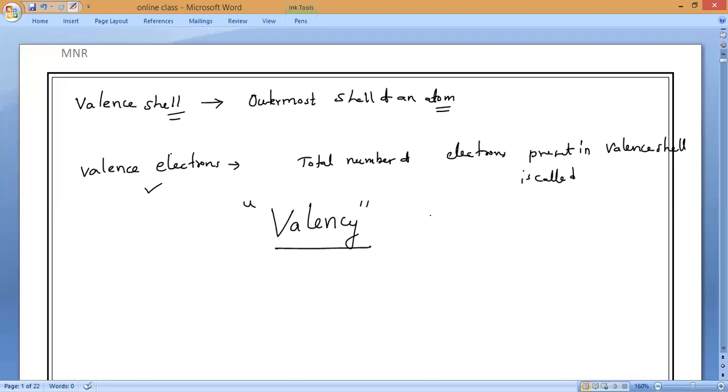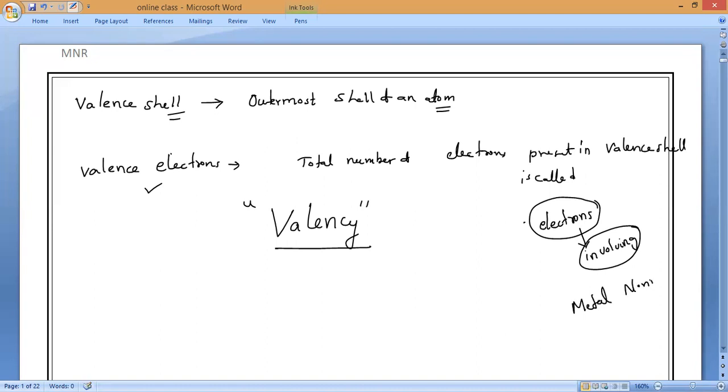So what do you mean by that? Let us understand it. In any chemical reaction, who is involved? Atoms are not involved in the chemical reaction. Only electrons are involved in any chemical reaction. These electrons make substances into metals as well as non-metals.